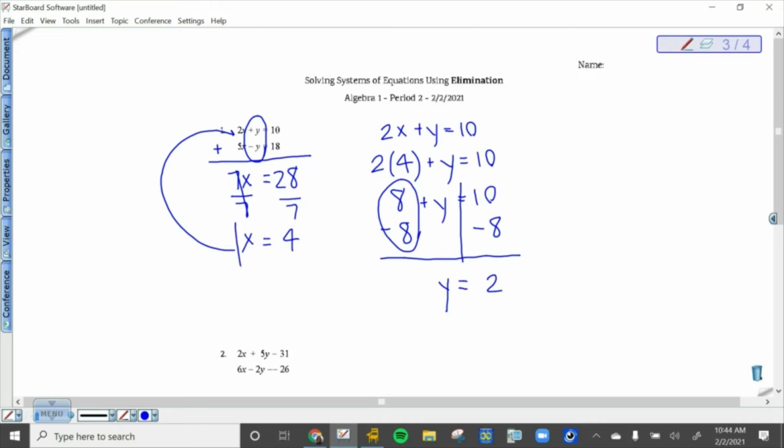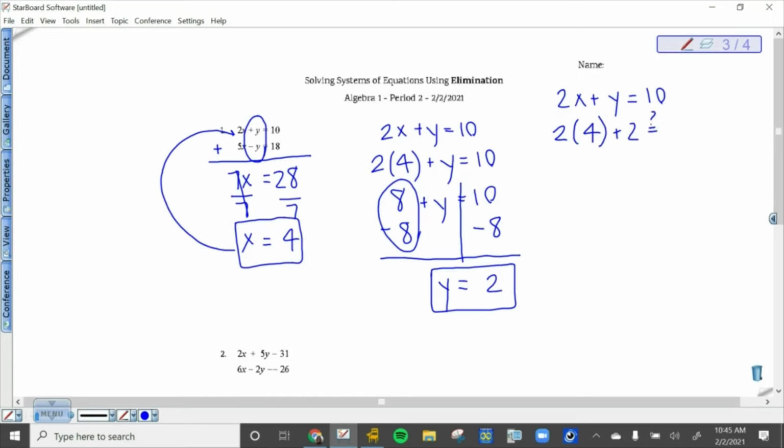So I just found an answer for x and an answer for y. Let's go through and check our answer. So I take both of my equations. Let's do 2x plus y equals 10. I'm going to plug in 4 for x, 2 for y. So 2 times 4 plus 2, does that equal 10? 8 plus 2? Yeah, that works.